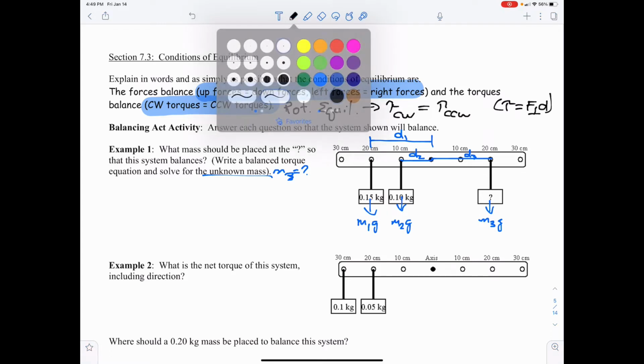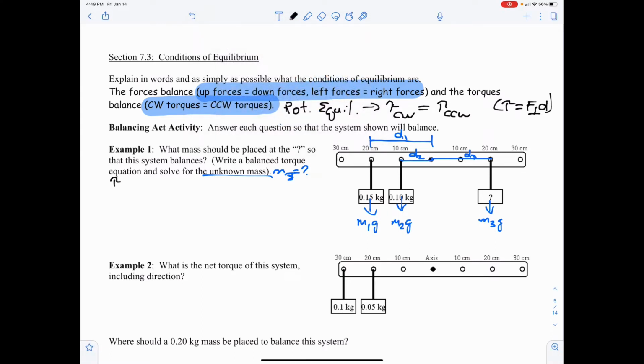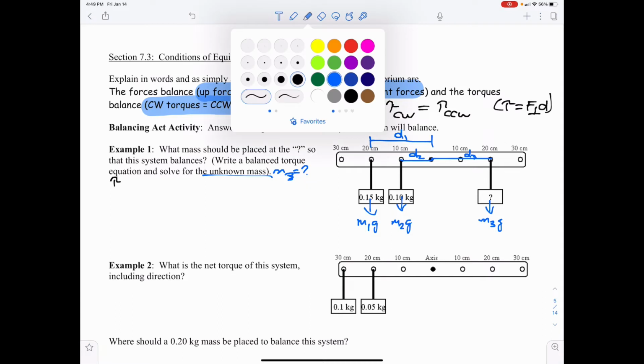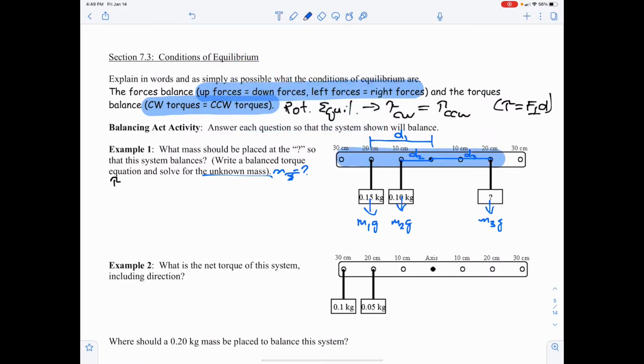Okay, let's use our information. Now if we focus on the bar, so this is the bar right here, and if we were to twist it, whoops. Let me fix that. So we're looking for m3. Okay, there we are.